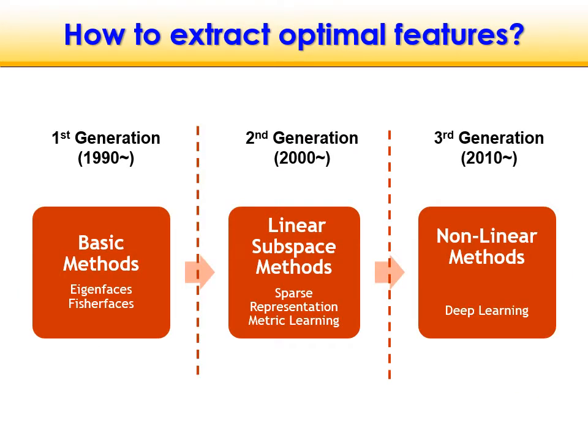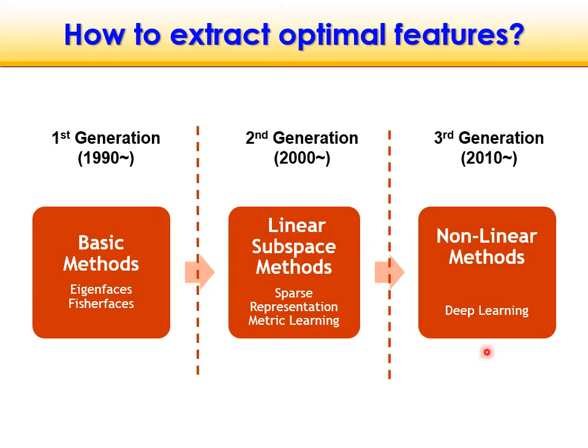So we are going to see 3 different generations of face recognition algorithms. These are face extractors, face feature extractors, and face matchers. The first generation is around the 90s, the second generation the 2000s, and the third generation, which is basically the last decade and currently, is clearly dominated by deep learning in the case of face recognition.